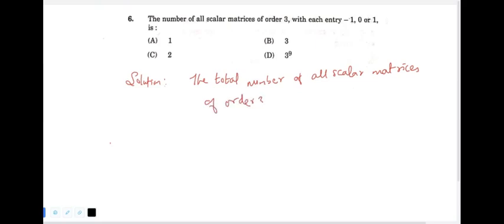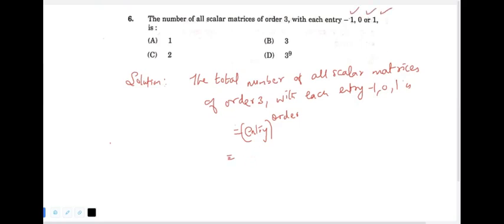So here the solution will be: the total number of all matrices of order 3 with each entry in minus 1, 0, 1 is the number of entries to the power of the order.